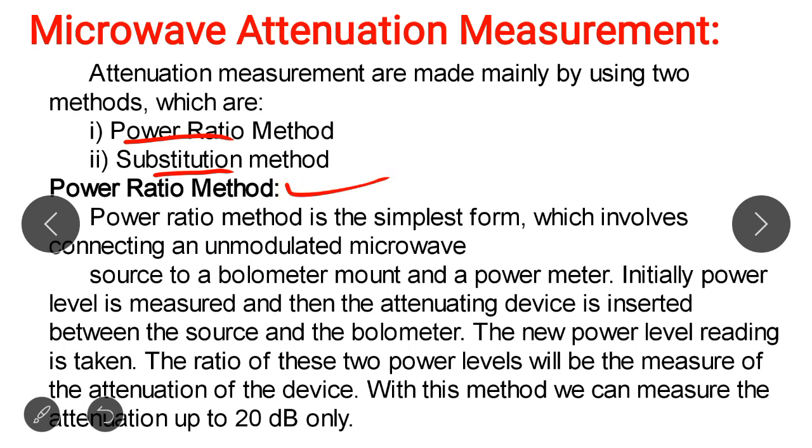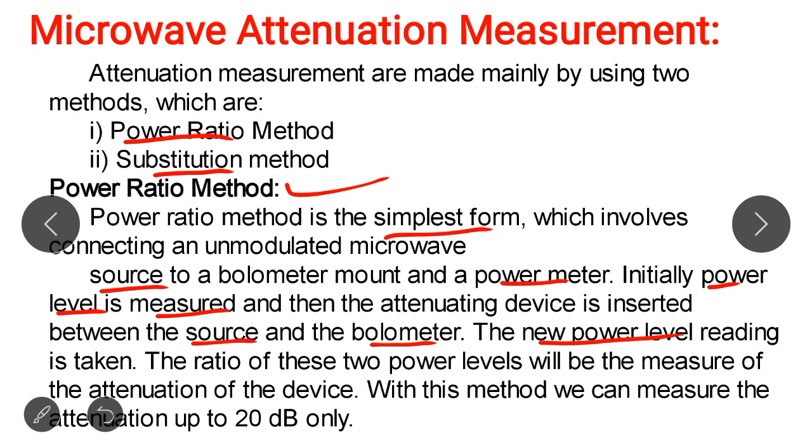The power ratio method is the simplest form of method, which involves connecting an unmodulated source to a bolometer mount and a power meter. In this technique, initially the power level is measured, and then the attenuating device is inserted between the source and bolometer and a new power level reading is taken.